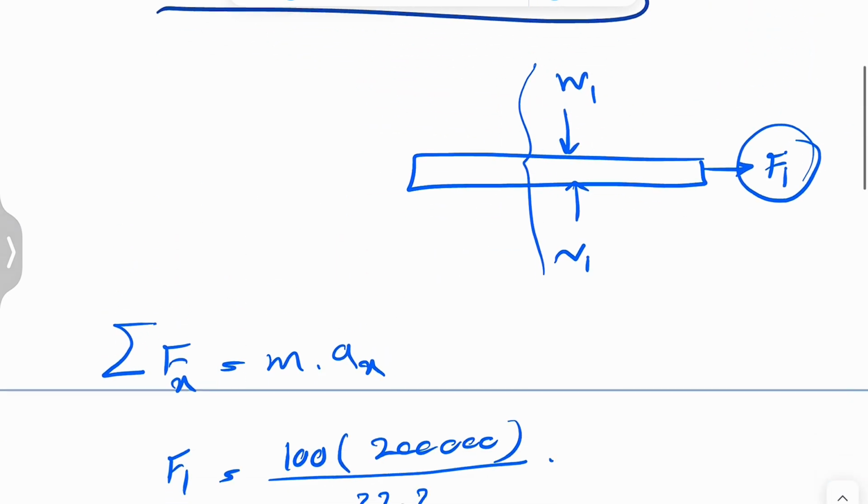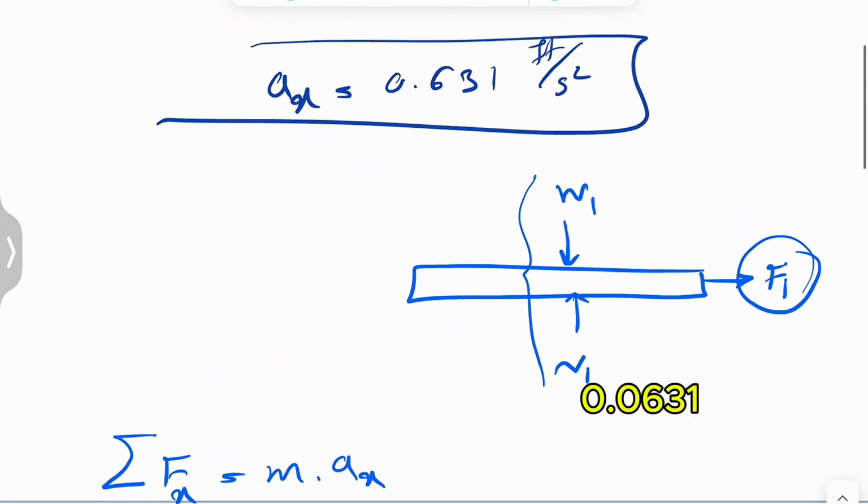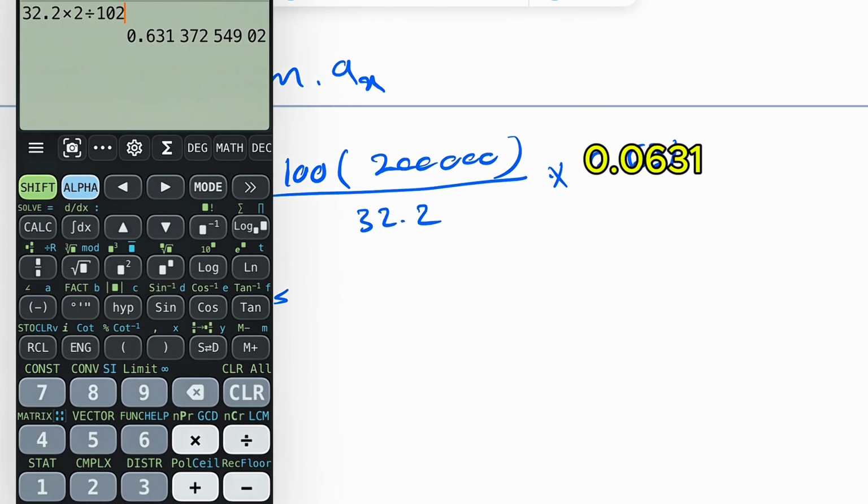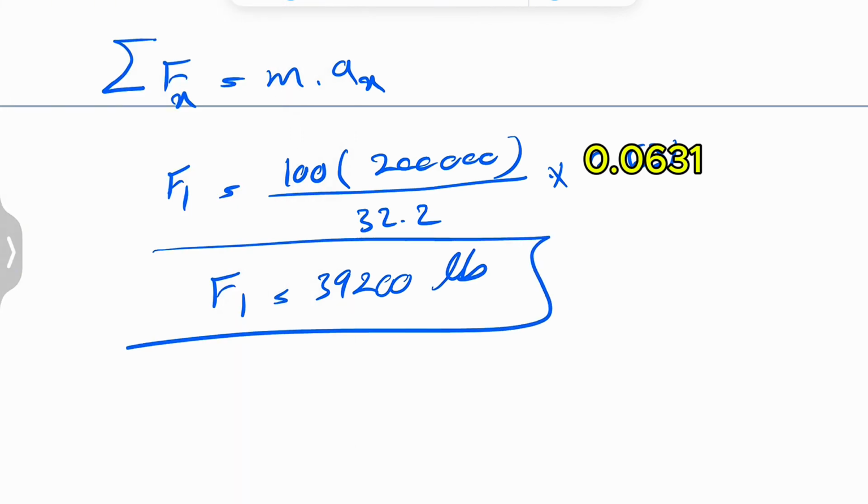Acceleration is going to be the same because they're all moving with the same acceleration, and this is going to give us the force F1. So 100 times 200,000 times 0.631 divided by 32.2. Yeah, the force is going to be around, if you want to report it in 3 sig figs, 39,200 pounds for F1.